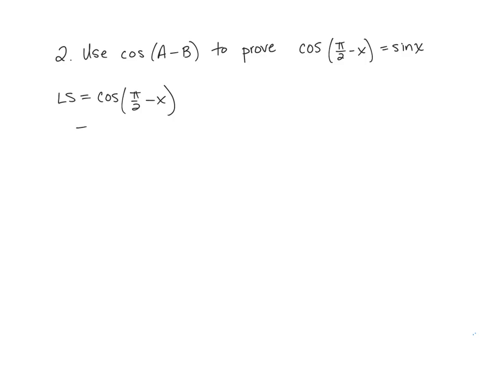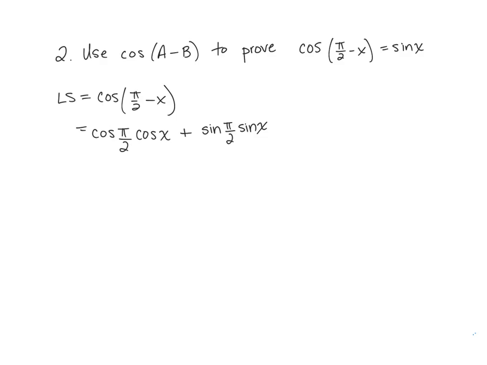Okay, so I have cos of my first angle, cos of my second angle. The sign is opposite in between. And then I have sine of my first angle, sine of my second angle. So it's important to be able to recognize, once we've taken that first step, what angles can we actually calculate?